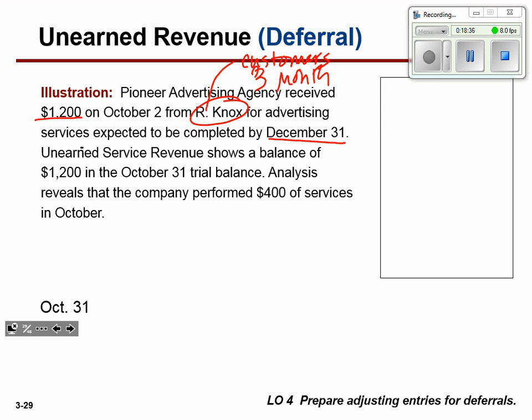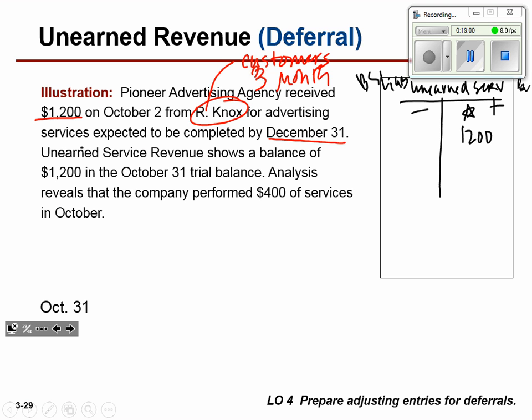So we've got unearned service revenue. What do we owe here? Advertising. This is a credit-based account because it's a liability, which you know is a balance sheet. That goes up by $1,200.